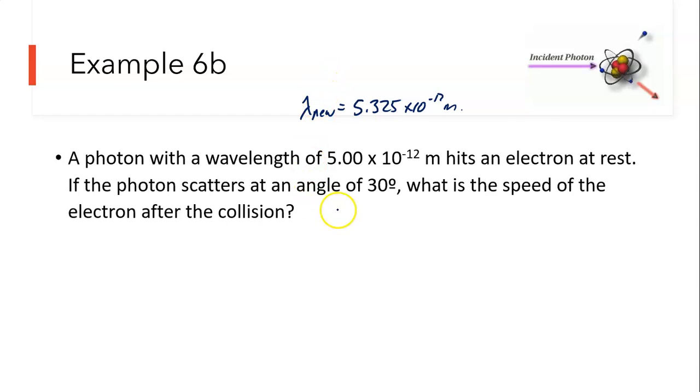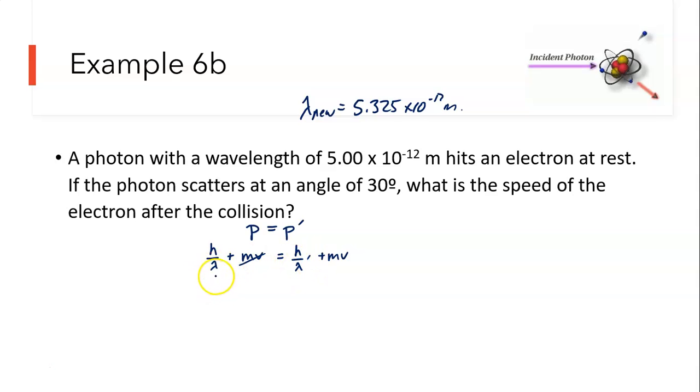As such, we can treat this whole problem as a conservation of momentum question. We've got the momentum of the photon coming in, h over wavelength, plus the momentum of the electron. We know that's zero because it's an electron at rest. The new momentum uses this new wavelength, plus the momentum of the electron after the collision.